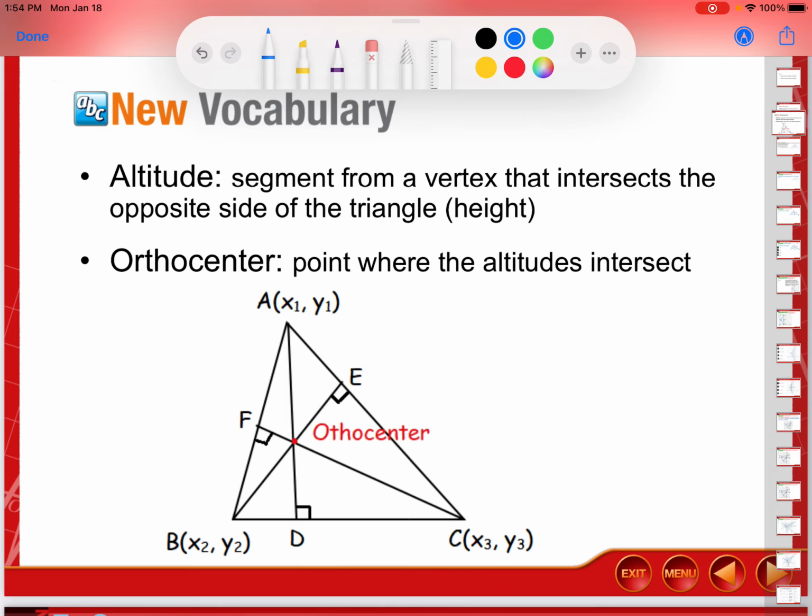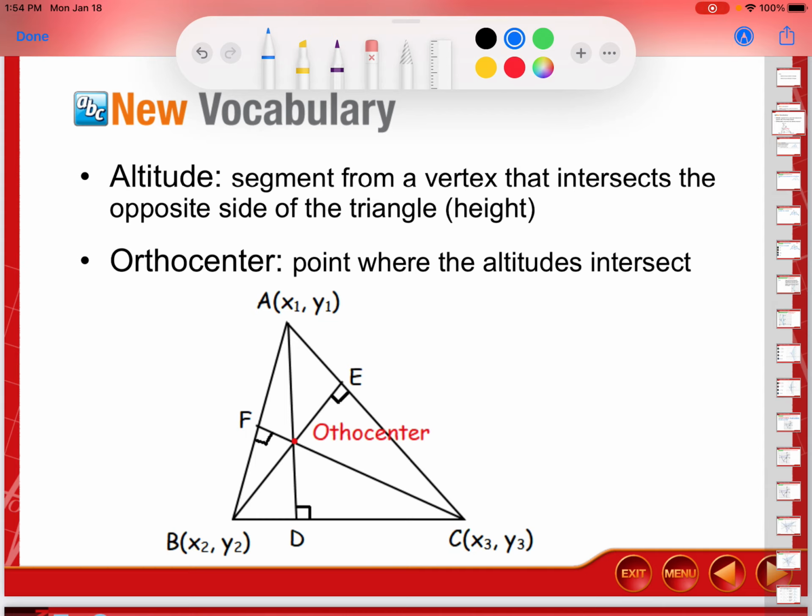Now, altitude. The altitude is a segment from a vertex that intersects the opposite side at a 90-degree angle. Whenever I think of this, I think of the height, because whenever we're finding area, they always have the altitude drawn in, or the height. It's from that top point, and it drops down, and it intersects that bottom line at 90 degrees.